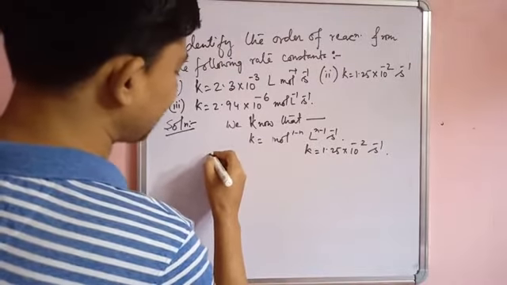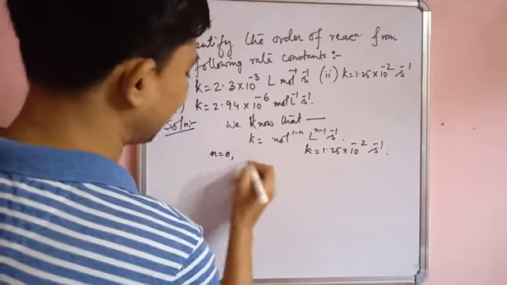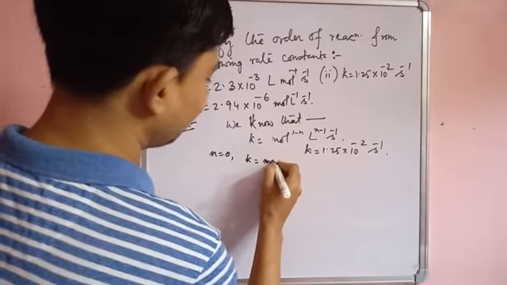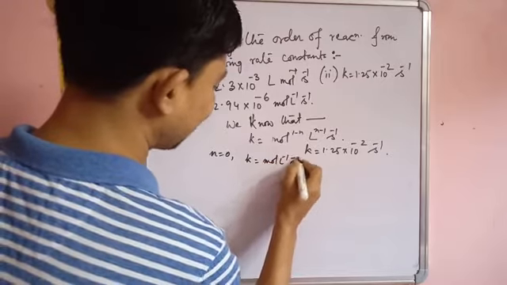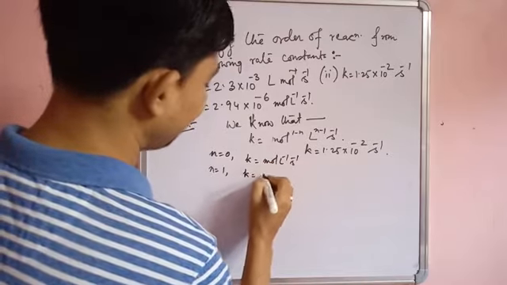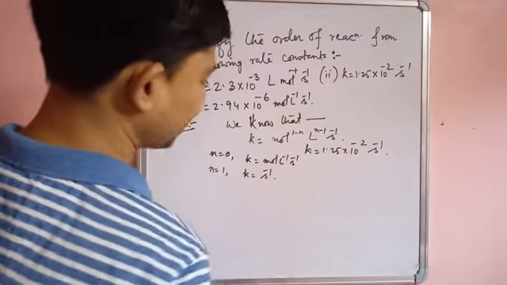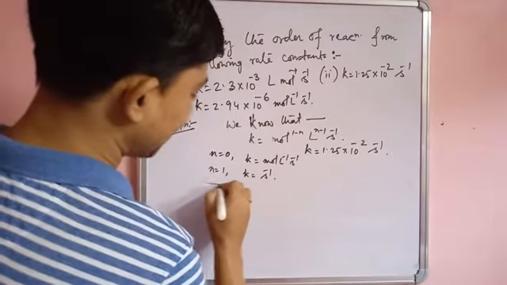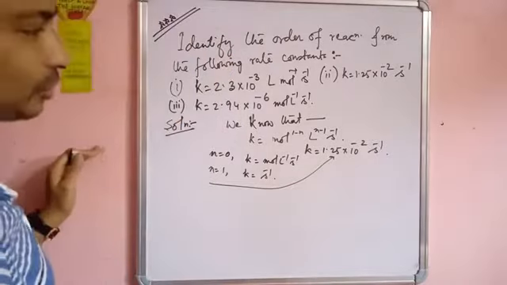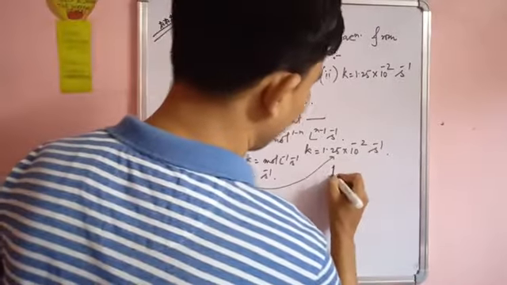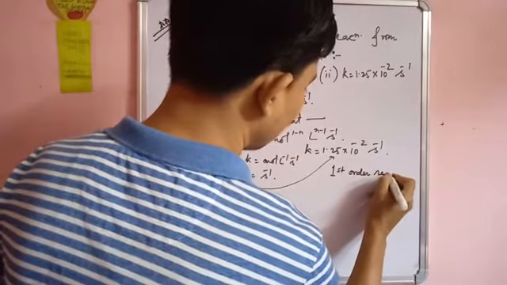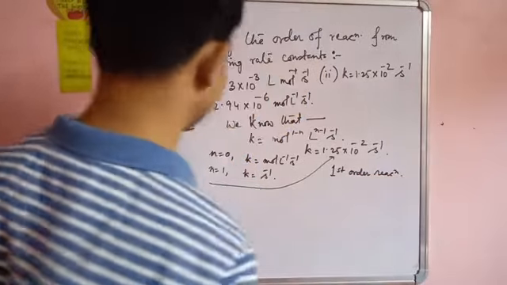If n equals 0, then k comes out to be mole per liter per second. If n equals 1, then k comes out to be only per second, which is coinciding with this value. So the second question is an example of a first order reaction.